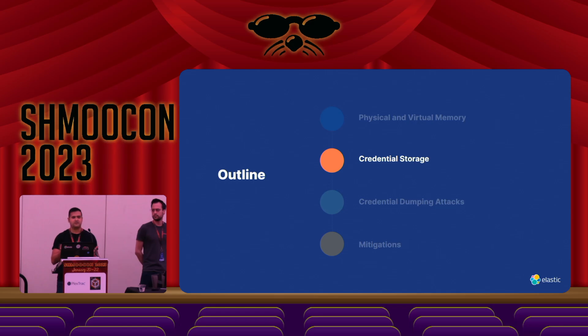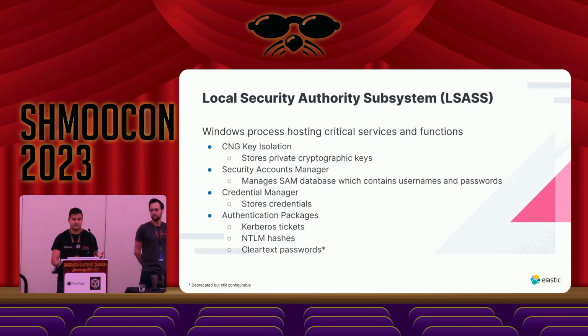So now that that's out of the way, what are attackers typically after within memory? The short answer to that usually is credentials. And on Windows, the biggest credential dumping target for attackers is the Local Security Authority Subsystem process, better known as LSASS. What you'll find within LSASS is that it houses several critical services and is primarily responsible for managing security policy.